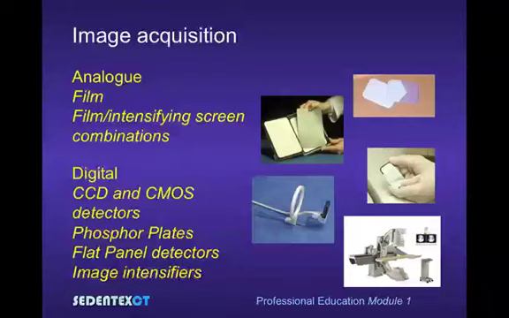These last two have traditionally been more relevant to medical radiology rather than dental radiology. But because of the advent of cone beam CT, dental radiography now has to encompass these also.